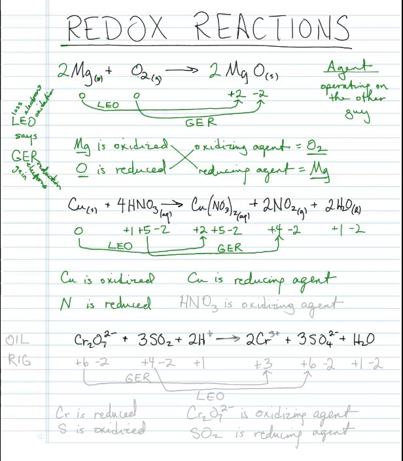So we would also be able to say that nitrogen is the oxidizing agent, but wait, we have to name the entire compound. So we would say for the agents, we put the entire name. We would say that the nitric acid is the oxidizing agent. And I think the reason for this is because when we're talking about the agents, we're talking about what they would do to the other guy.